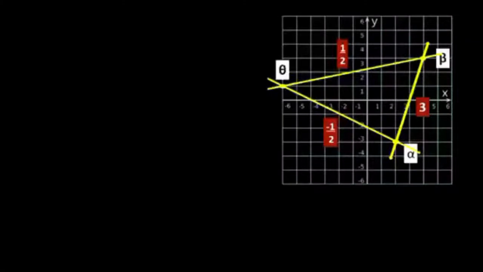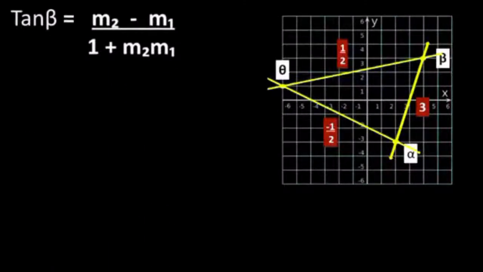And lastly, tangent beta. We would still use the formula that we've derived earlier, that is m sub 2 minus m sub 1 over 1 plus m sub 2 times m sub 1. And since 1/2 and 3 build up beta, we would use those two and substitute them into the formula.